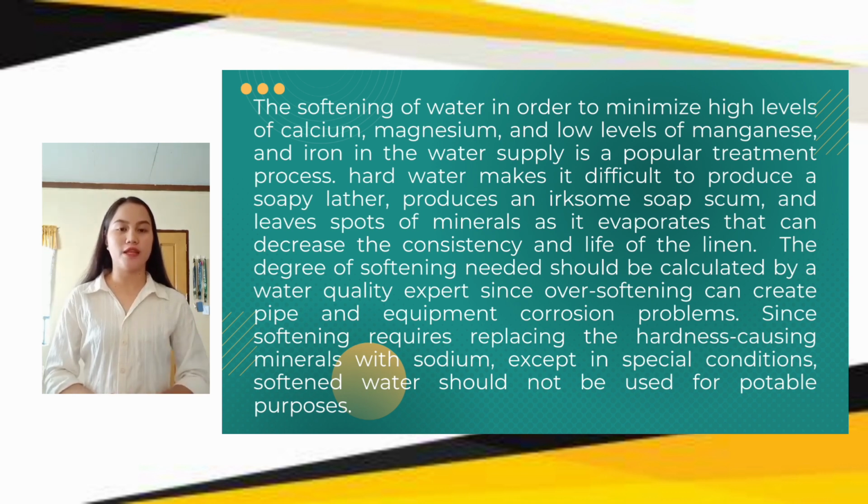The degree of softening needed should be calculated by a water quality expert since over softening can create pipe and equipment corrosion problems. Since softening requires replacing the hardness causing minerals with sodium, except in special conditions, softened water should not be used for potable purposes.